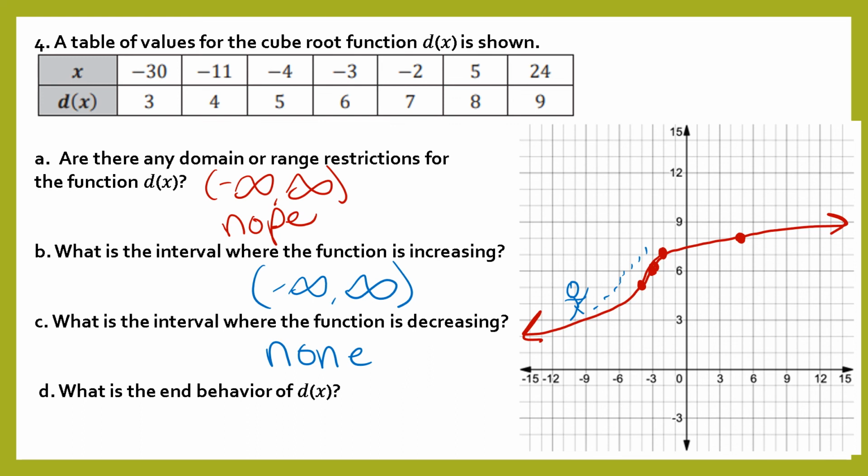Right. And then lastly, for our end behavior, we want to look as x goes to positive infinity and as x goes to negative infinity. We want to figure out what the y's are doing. So as x gets bigger and bigger on the right, what are your y's doing?